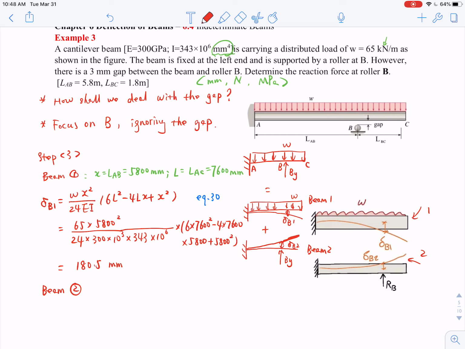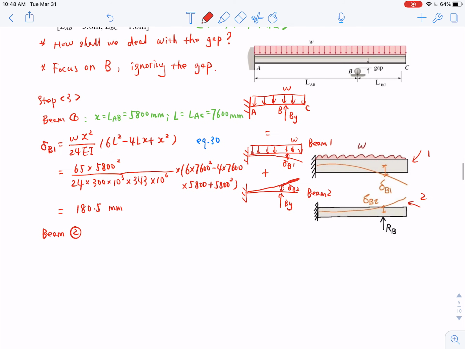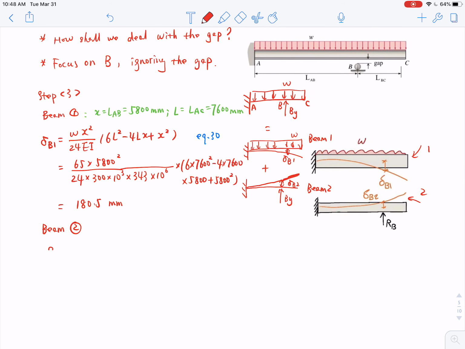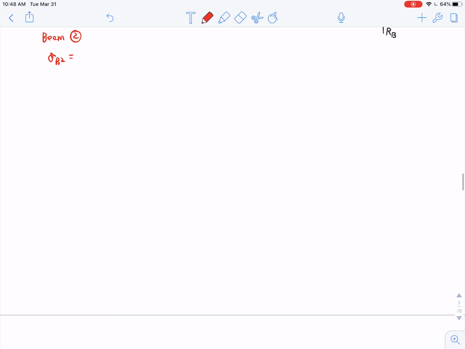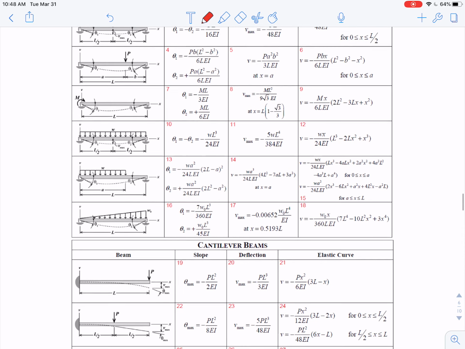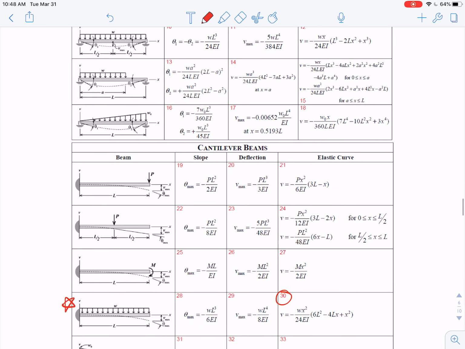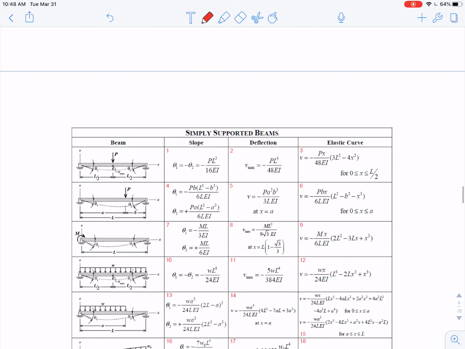Okay, so here in this beam 2, the delta B2 can be calculated. You need to select the equation. I believe it's 20. Okay, we're calculating the maximum deflection in cantilever section AB. So we just use the maximum deflection equation.